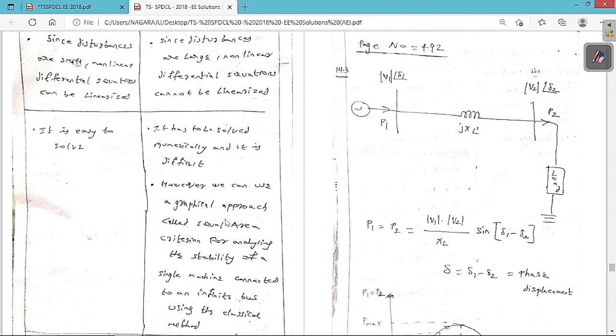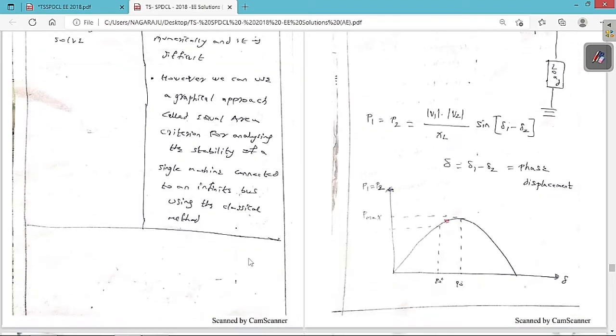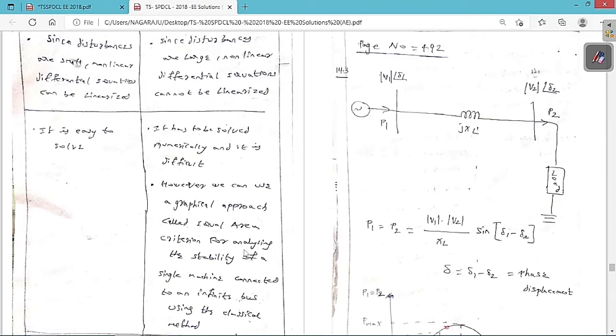However, we can use a graphical approach called the equal area criteria for analyzing the stability of a single machine connected to an infinite bus using the classical method. I already told you that the equal area criteria is used for analyzing transient stability. Whenever the accelerating area is equal to the decelerating area, the system is said to be stable, otherwise it is unstable.